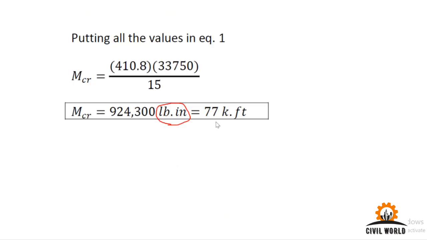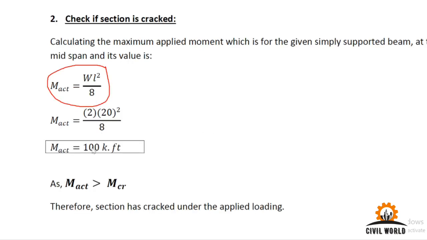Your cracking moment is 77 kip feet. It means at 77 kip feet, cracks will be initiated in your section, but your applied load is already 100 kip feet. So it means under the applied load, which is causing a moment greater than the cracking moment, our section has already cracked, so it is a cracked section.